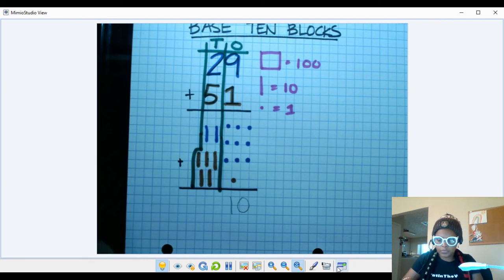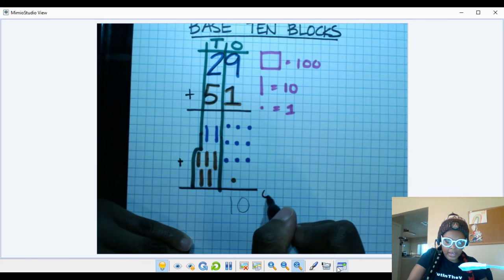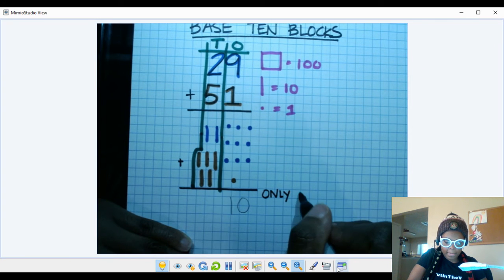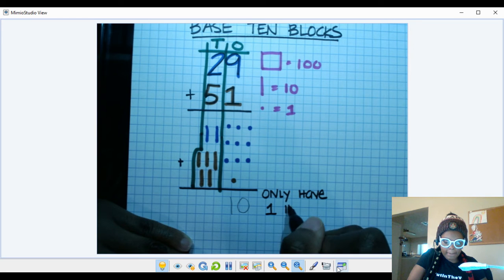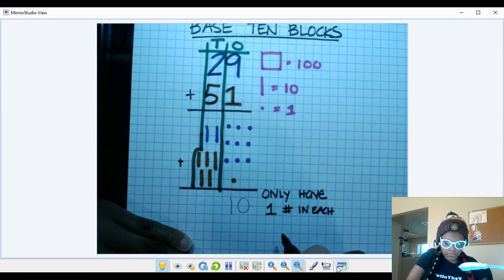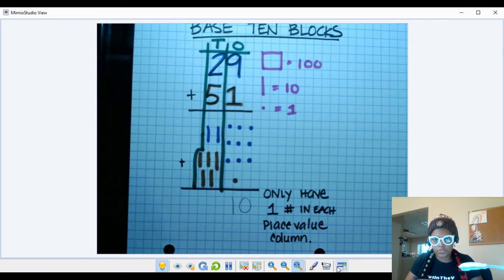But wait, we can only have one number in each place value column. And our answer is the number 10. So we can't leave the number 10 there.